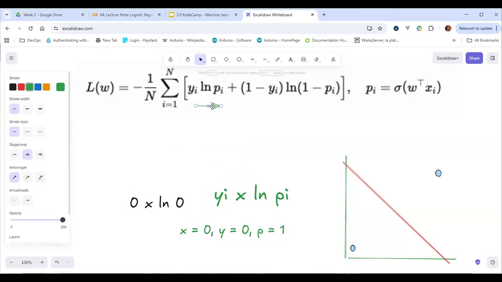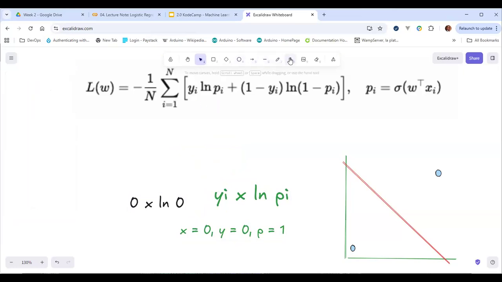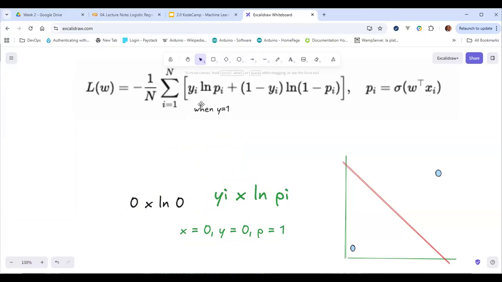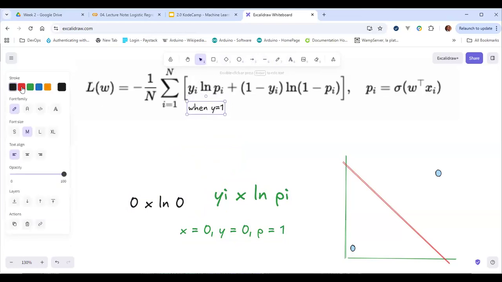This one only matters when y is 1. So it basically says when y is 1, you use this part, but when y is 0, you use this part. That is effectively what this equation is.